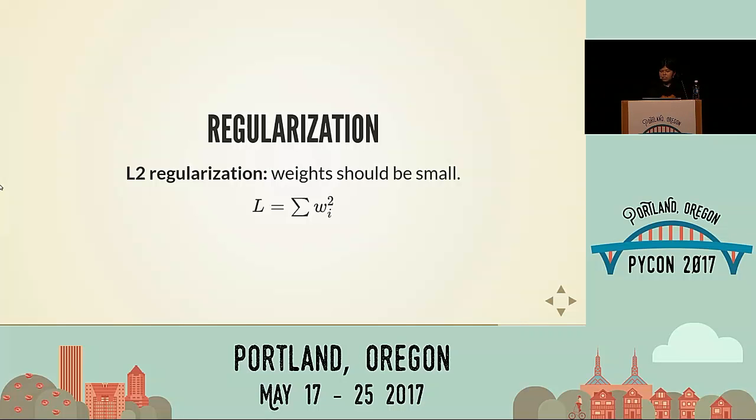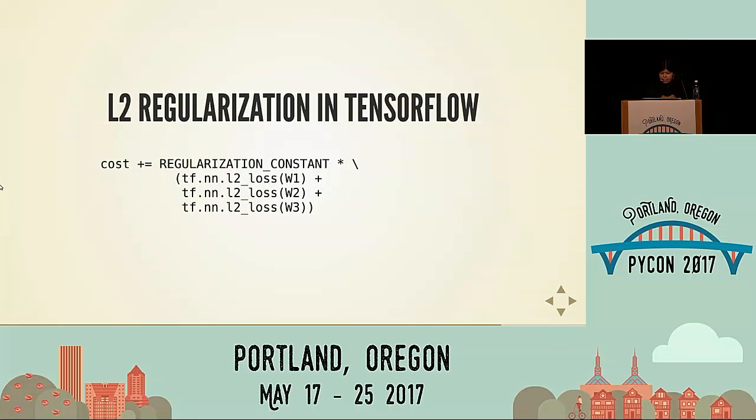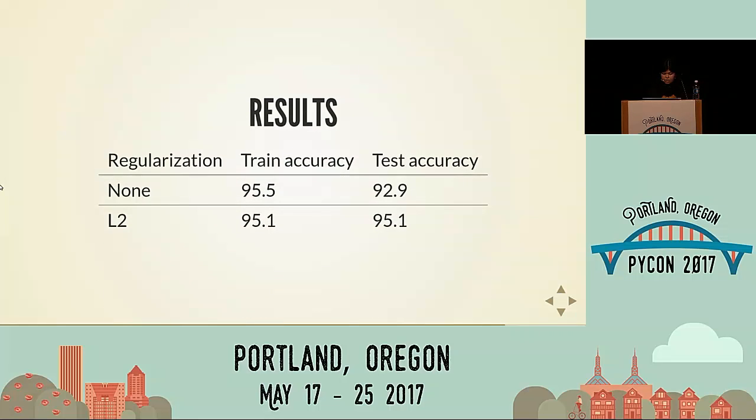So the larger the weights, the bigger the cost. We'll add that regularization loss to our existing data loss, which we already encoded into the cost function. And we have another hyperparameter here that determines how tightly we're leashing the data. And here are the results. That's pretty good.